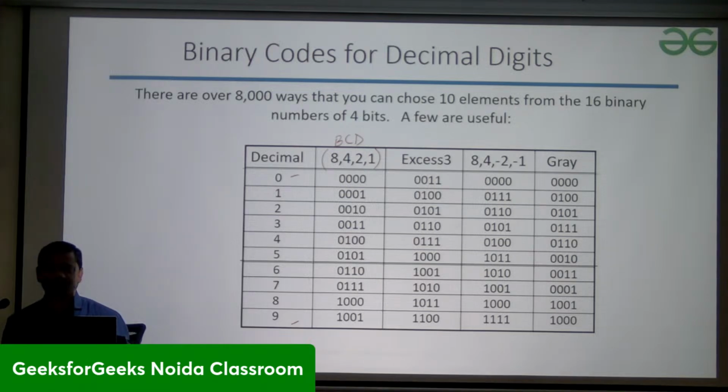So 0 is represented as 4-digit 0000, 1 is represented as 0001, 9 is represented as 1001. So any decimal number represented by 4 digits or a nibble is called BCD code, or 8421 code. Why is it 8421?